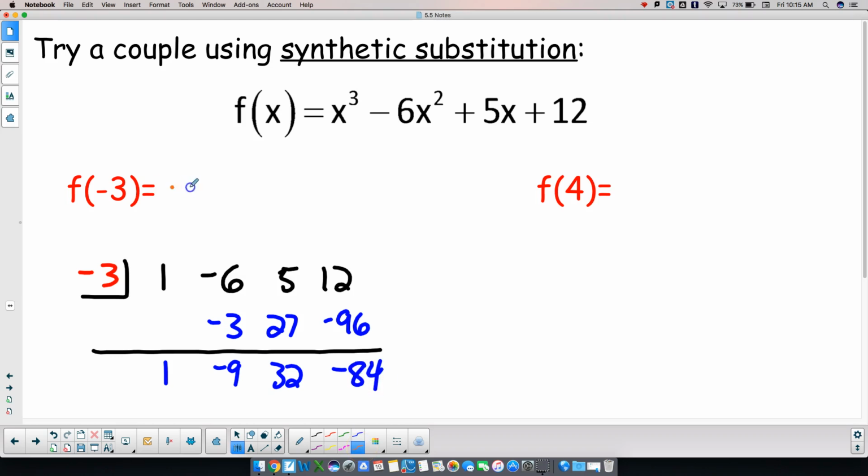So I get f of negative 3 is negative 84.